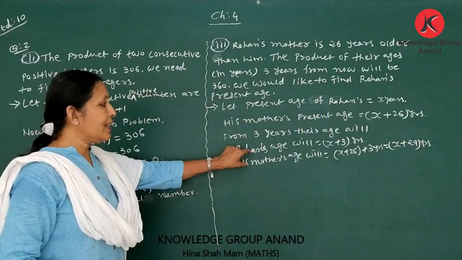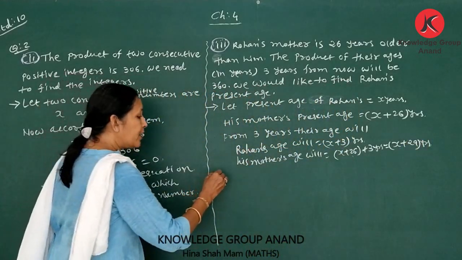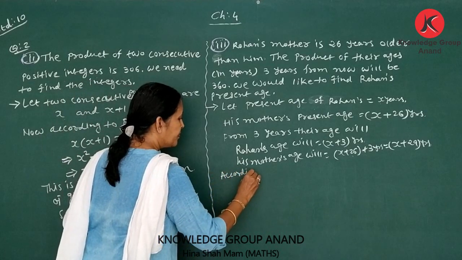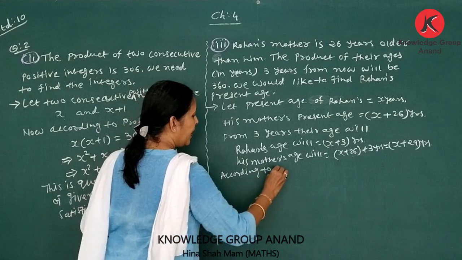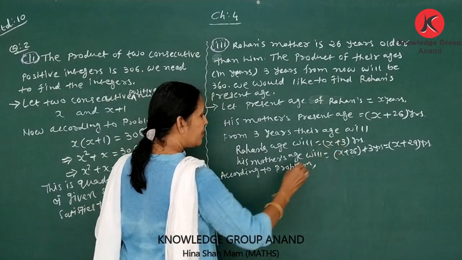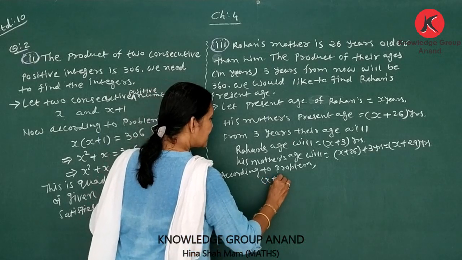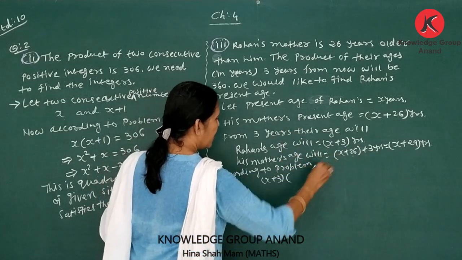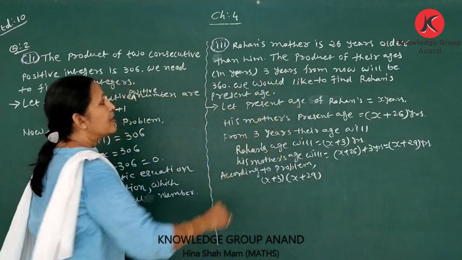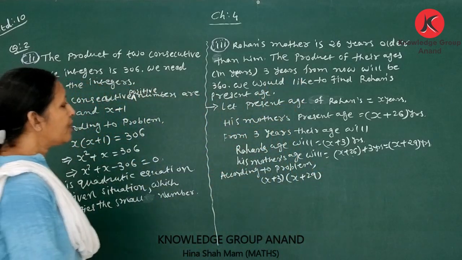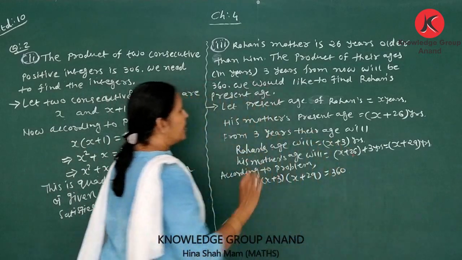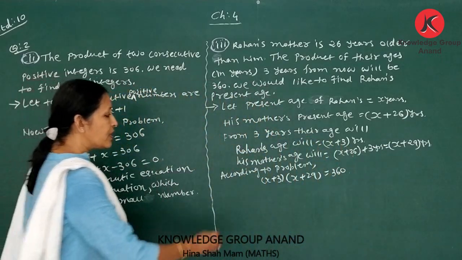According to the problem or condition, the product of their ages, x plus 3 into x plus 29, after 3 years their product will be 360. So it is equal to 360.